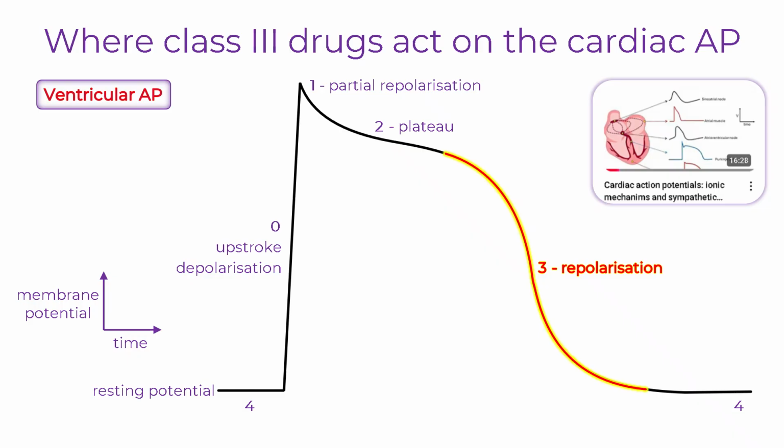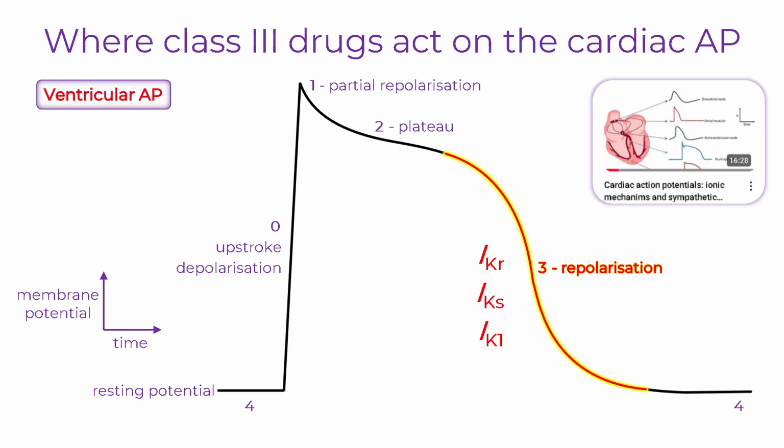Repolarization is often described as if it were driven by a single potassium current. In reality, it results from several distinct currents, each with different kinetics and physiological roles. The main currents involved are IKr, IKs, and IK1.